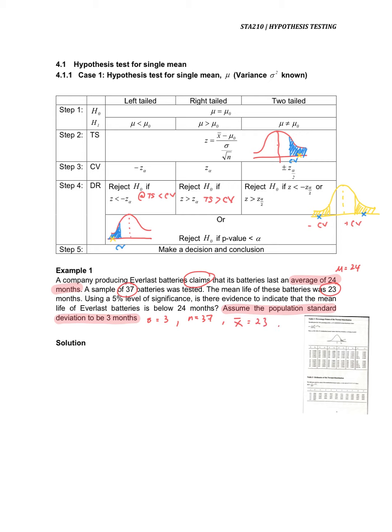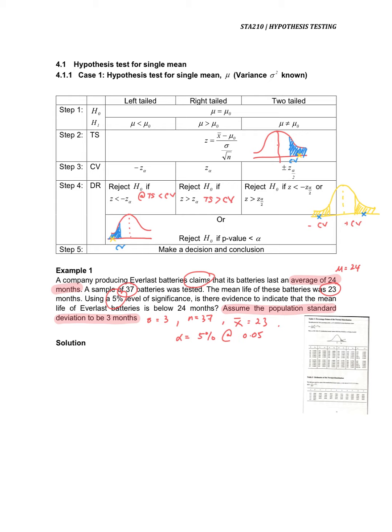Okay, another piece of information that we have is the level of significance, which is the value alpha. So our alpha is 5% or 0.05. Now, what do we want to test? We want to test whether there is evidence to indicate that the mean life of Everlast battery is below 24 months.